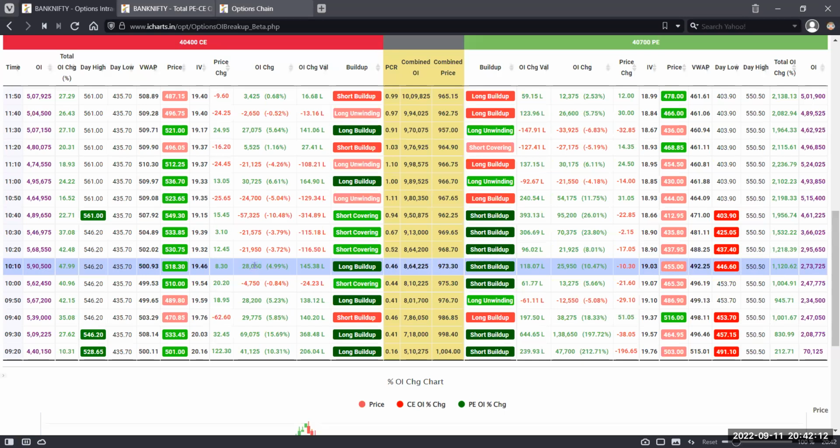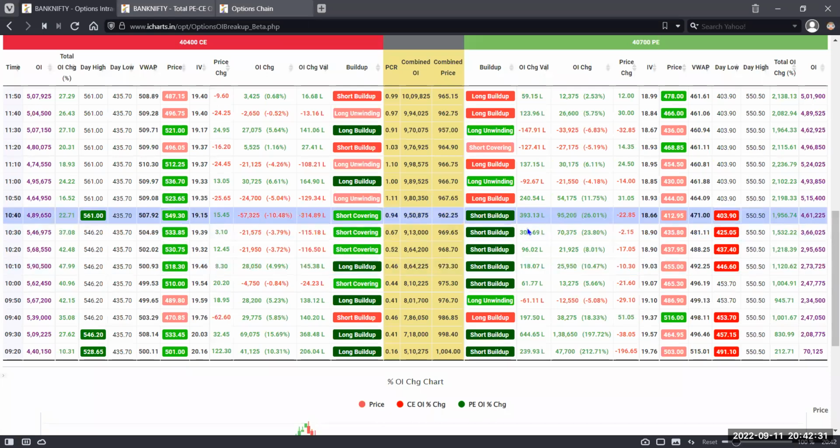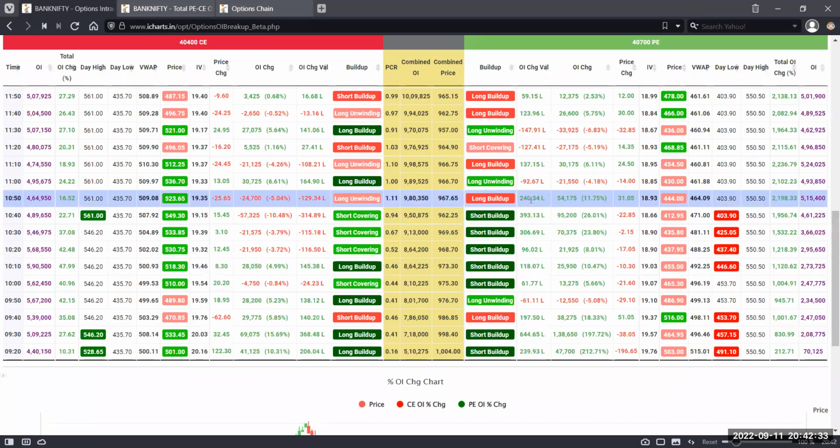It generally means that the price is being bid up. There is a lot of demand for these calls, they are being bought. That is the reason why it is bullish. The price of a call will go up only when there is buying demand, which is obvious, standard demand and supply. Same for the put side.